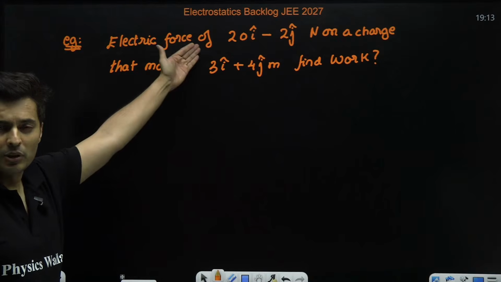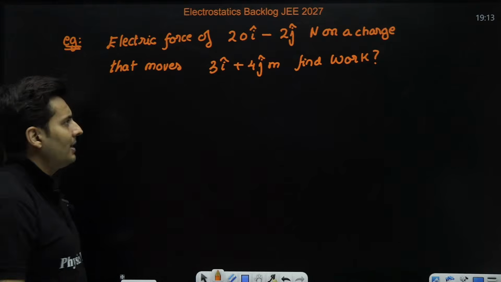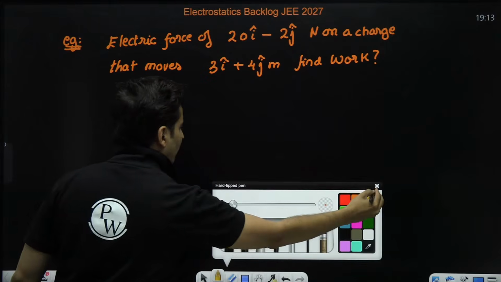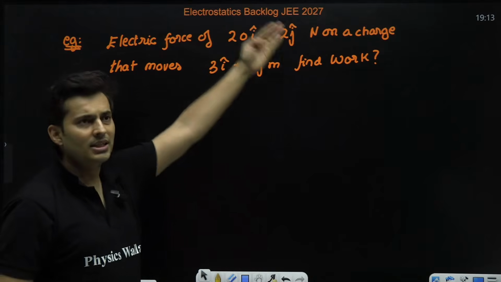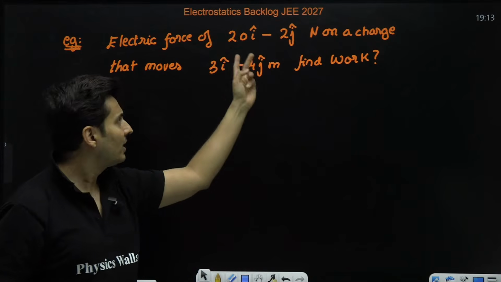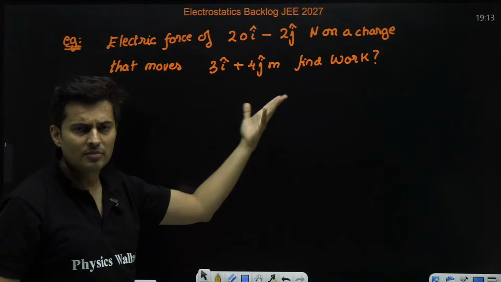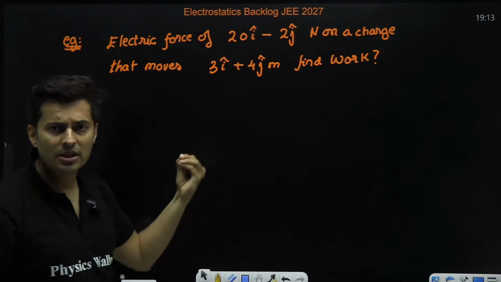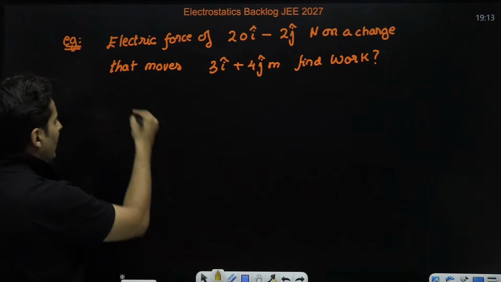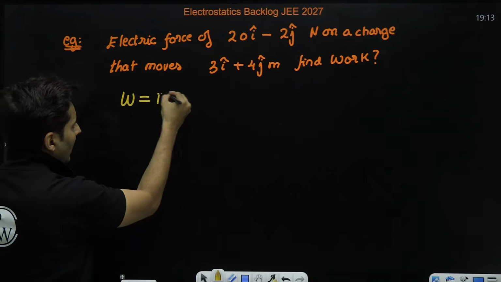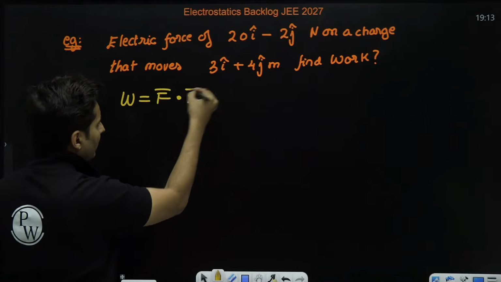Now here force is given, displacement is given. We have been asked what is the work done. So straightforward, we can say that this force is not changing, it is a constant force. You can see these numbers are constant. The displacement is also clearly mentioned. So I can directly use the concept of dot product. I can say work is force dot displacement.